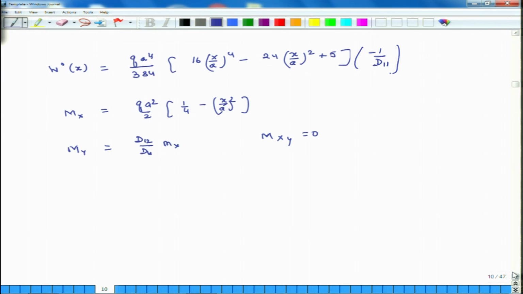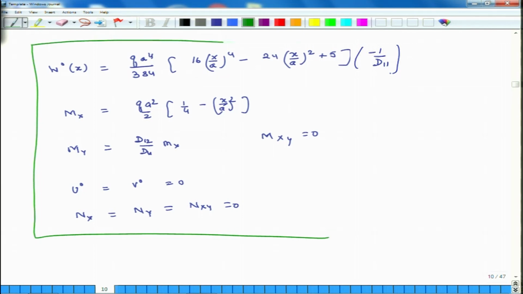And finally, we will also write down that u naught is equal to v naught is equal to 0, and nx is equal to ny is equal to nxy equals 0. So, this is the overall solution for which case? Case A. This is the overall solution for case A.